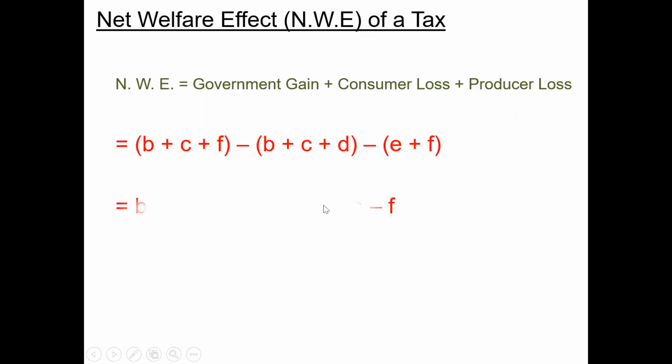Now think about adding a loss. Suppose you need to add +5 and -3. How do you write it? It is 5 plus -3, so we write plus. But in the next step, a loss becomes minus. The original equation is government gain plus consumer loss plus producer loss. So in the next step, consumer loss becomes negative and producer loss becomes negative.